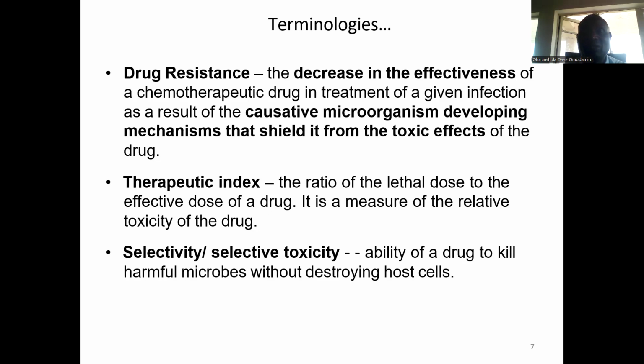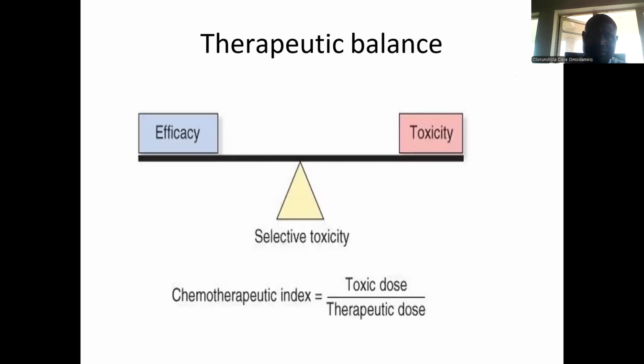Another terminology is selective toxicity. It's the ability of a drug to kill harmful microbes without destroying the whole cell. That is selective toxicity.